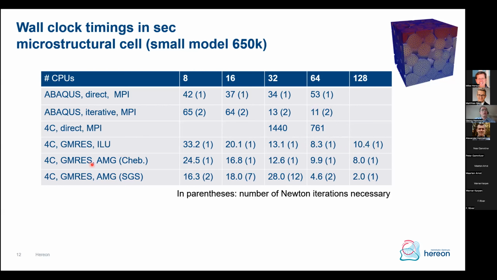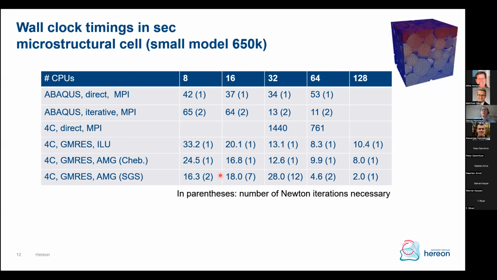Next, here's the GMRES with the AMG preconditioning with the Chebyshev polynomials. Here also timings go down, everything's fine, and then we end up with a solution better than our commercial solution. So again, we're happy. And the last one is with symmetric Gauss-Seidel.